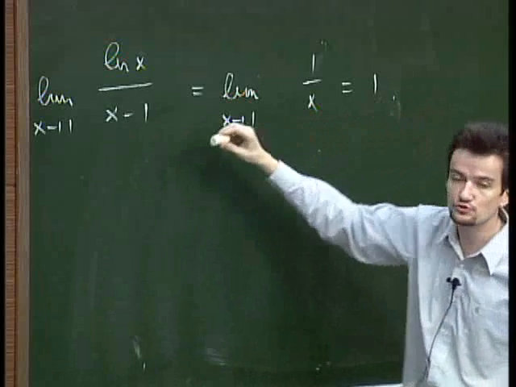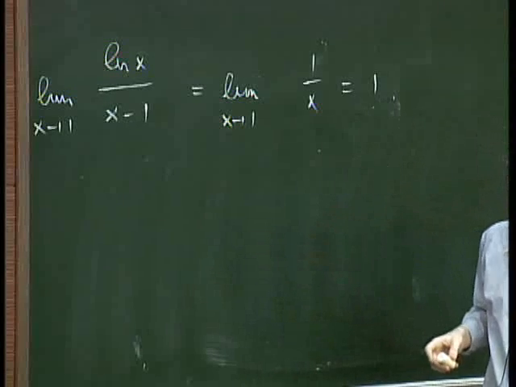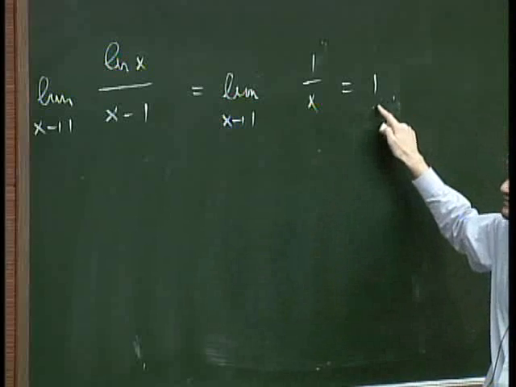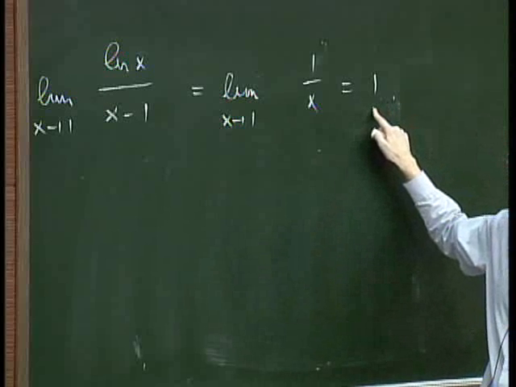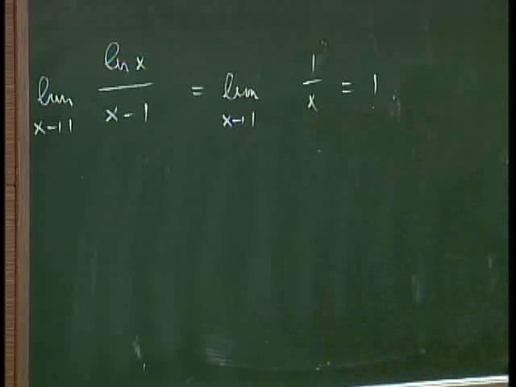So first you try, and then if this limit exists, you can conclude back. So you have to check whether the last limit exists or not. And it's kind of like we applied the racetrack principle. You first have to check whether certain assumptions are satisfied, and then you can conclude back.